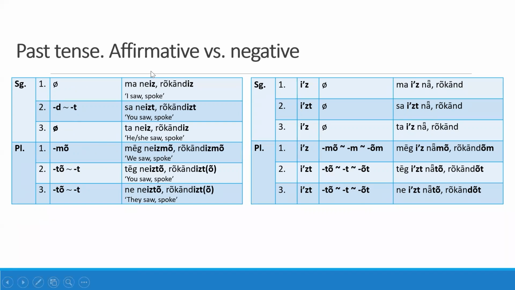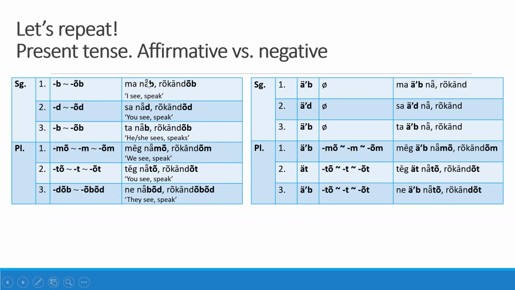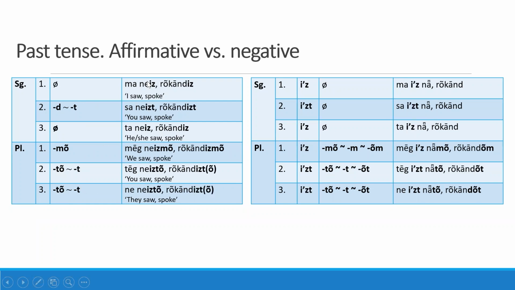But here, now moving to the past. So what is happening here? Again, I picked the same verbs. So here it's näeb, I see, and here I saw and I spoke. And here again the first and third person are the same: ma neis, ta neis. And this mark means that there is no personal ending.